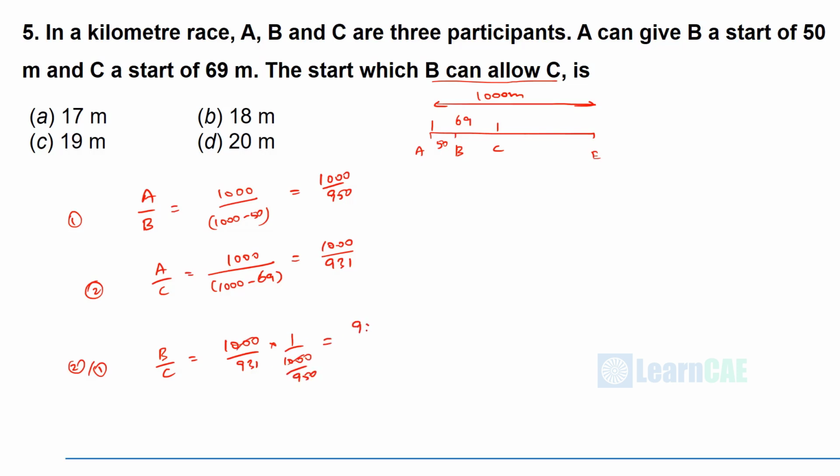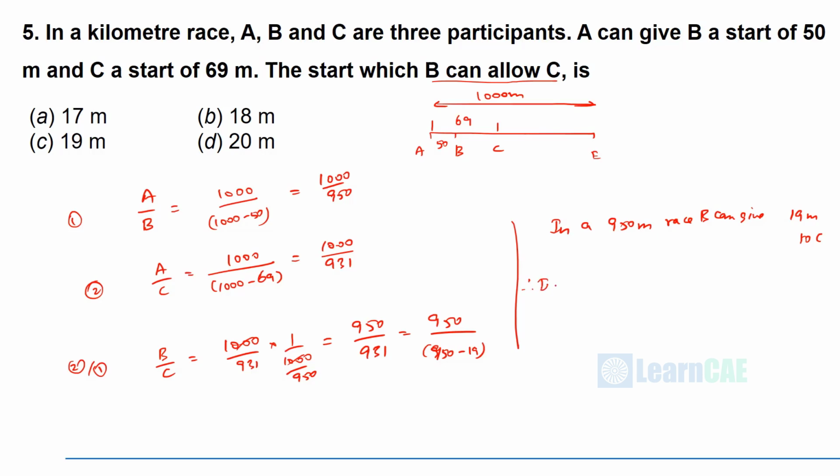This is equal to 950 by 931. So it means that in a 950 meter race, B can give a start of 950 by 950 minus 19. So in a 950 meter race, B can give 19 meter to C.